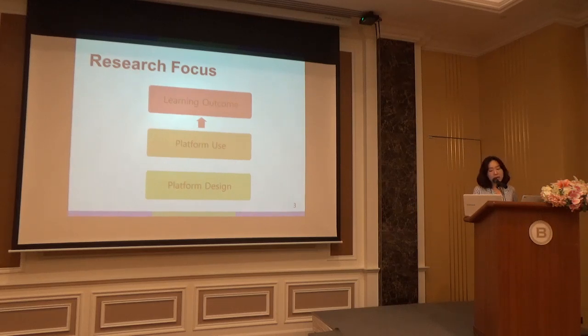And also we examine how these characteristics are reflected in some of the existing platforms. So as you see, our research focus is the very starting point of developing any type of learning platform, which is the design phase.